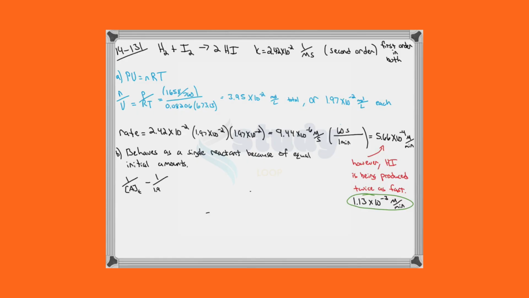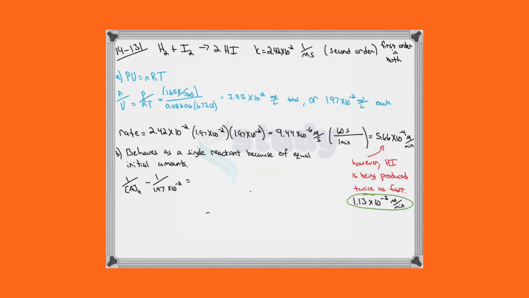Because we are considering this a second order reaction, we can use the second order integrated rate law. But now, we are considering this to be second order as if it has just one reactant, with the one concentration initially of 1.97 times 10 to the negative 2.